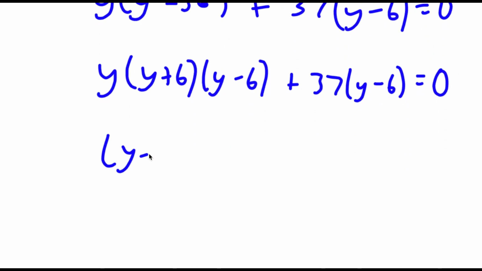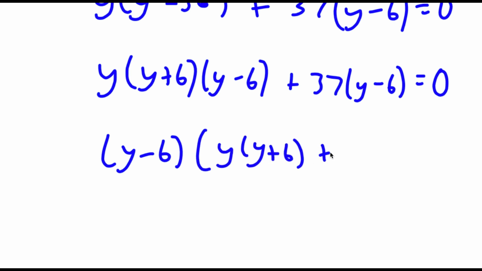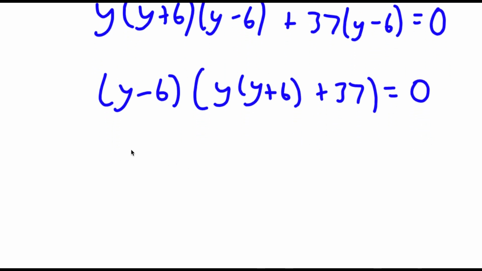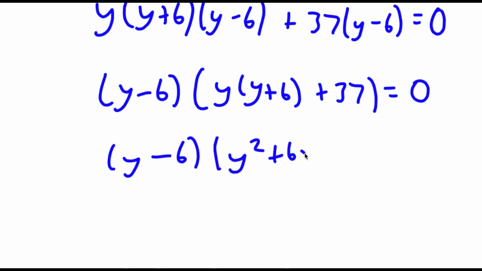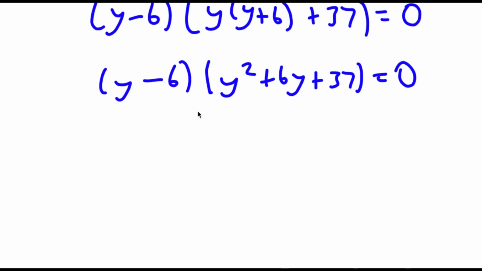Now, if I factor out y minus 6, I get y minus 6 times y plus 6 plus 37. And this simplifies to y minus 6 times y squared plus 6y plus 37 is equal to 0.